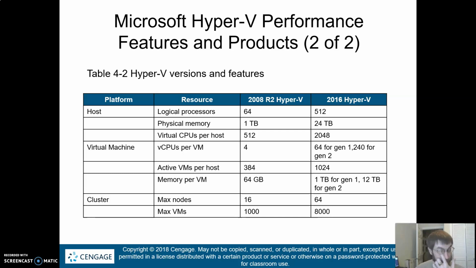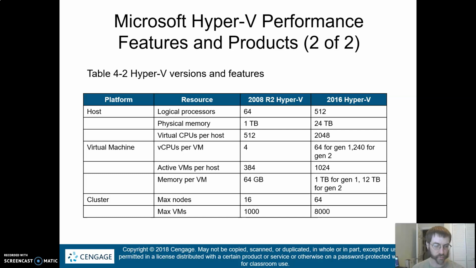Hyper-V can handle more of everything, basically. 512 logical processors, 24 terabytes of physical memory, 2,048 virtual CPUs per host. 2K8 R2 Hyper-V could only handle 4 virtual CPUs per VM, whereas with Hyper-V 2016, we're dealing with many more.